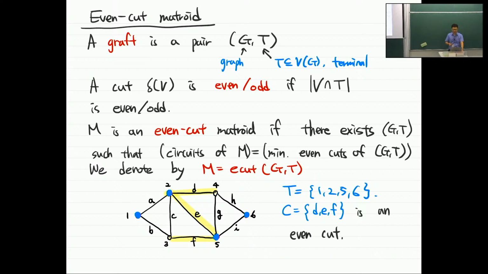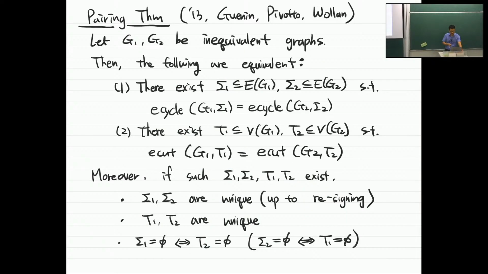So why do we care about this class? Because of this nice theorem called the pairing theorem, proven by Guenin, Pivotto, and Wollan in 2013. Assume that G1 and G2 are inequivalent graphs, and the following are equivalent. 1: there are signs sigma 1 and sigma 2 of G1, G2 such that (G1, sigma 1) and (G2, sigma 2) represent the same even cycle matroid.